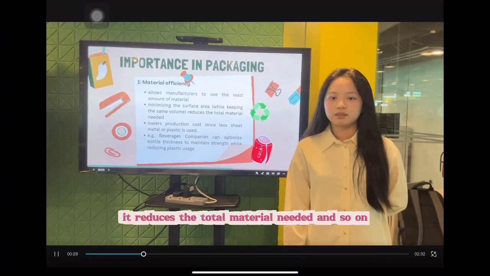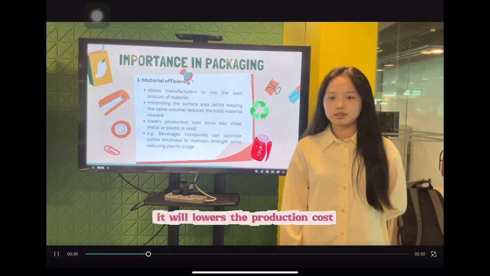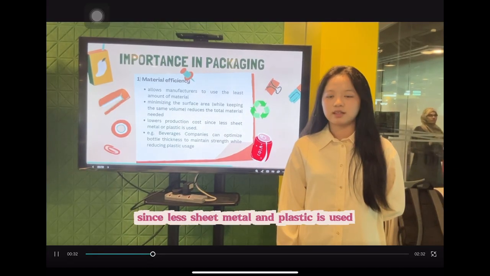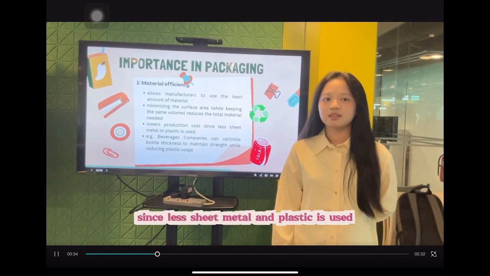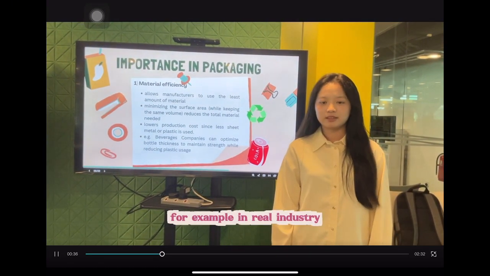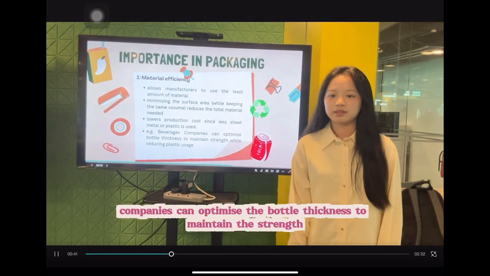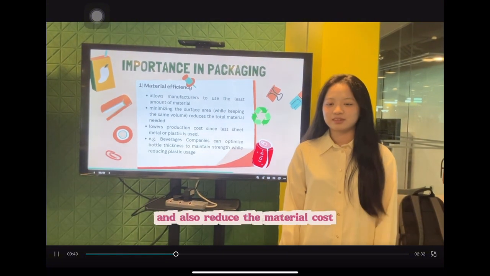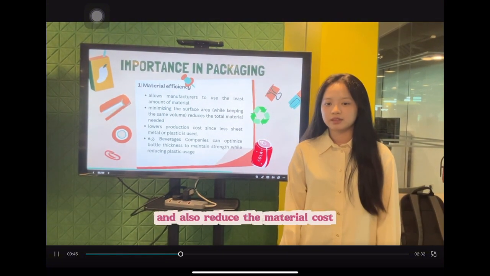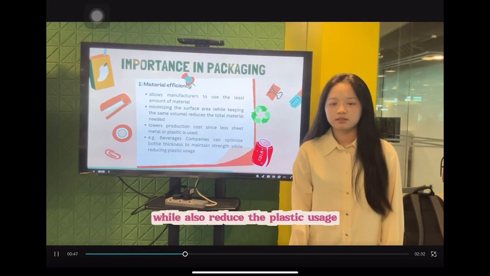It will lower the production cost since less sheet metal and plastic is used. For example, in real industry, beverage companies can optimize the bottle thickness to maintain the strength and also reduce the material cost while also reducing the plastic usage.